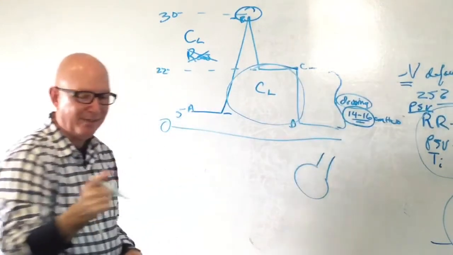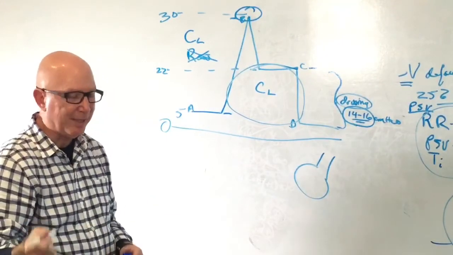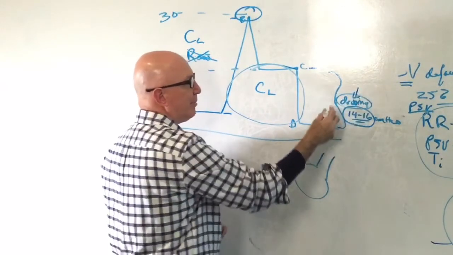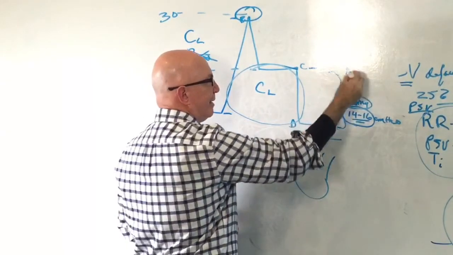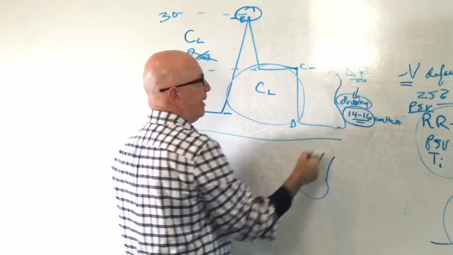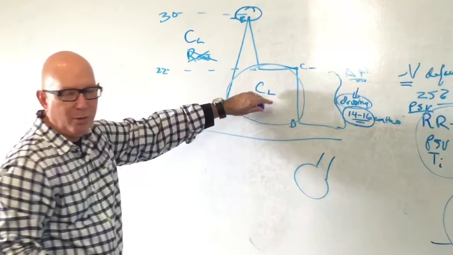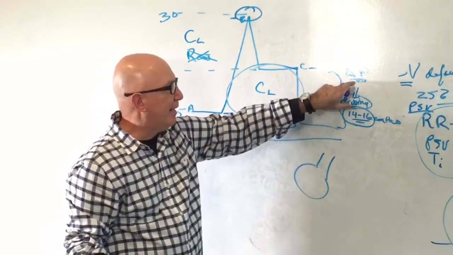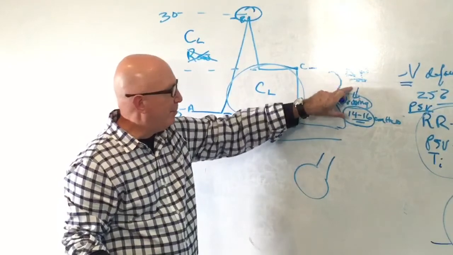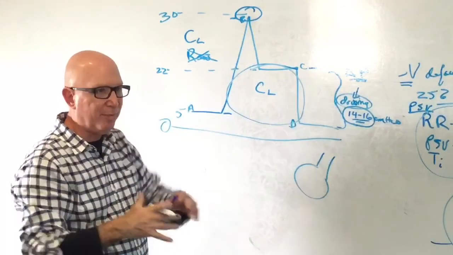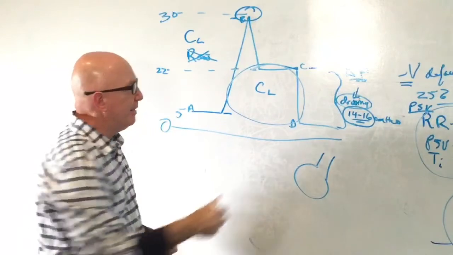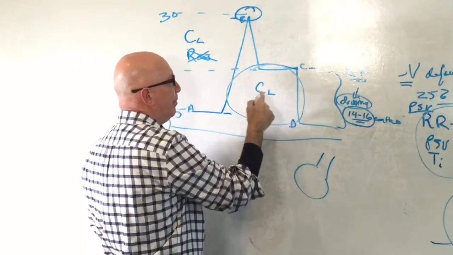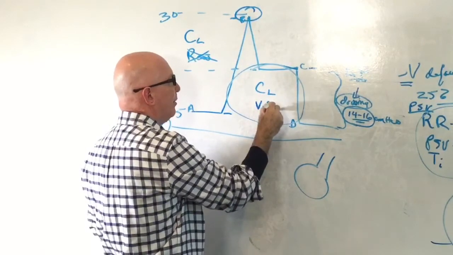And interestingly enough, the LTV maybe has been ahead of its time, because what does the LTV call this pressure here? It calls it delta P. And when you perform an inspiratory hold with the LTV, I don't think that the people that designed the ventilator were thinking that this would be driving pressure. But because when you perform an inspiratory hold, it's all about static lung compliance, they're actually giving you the pressure from plateau to peak, plus the ventilator knows what the volume is inside the chest.